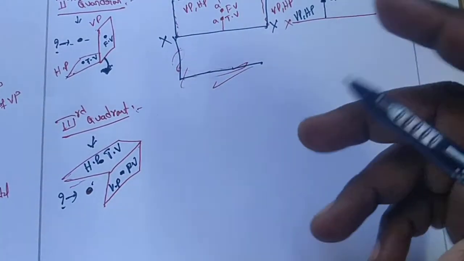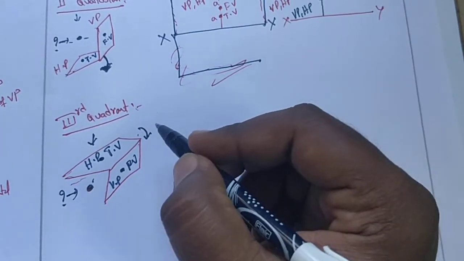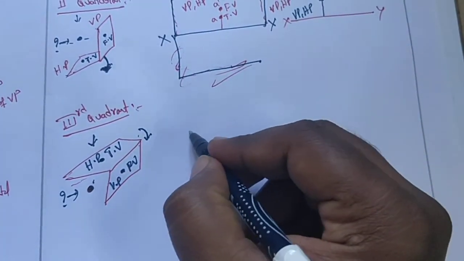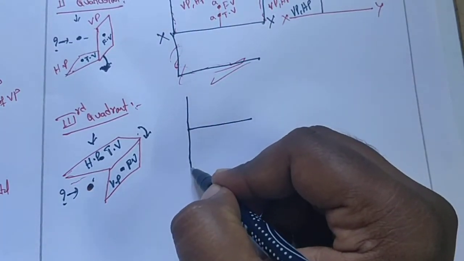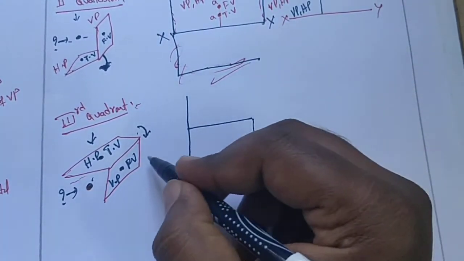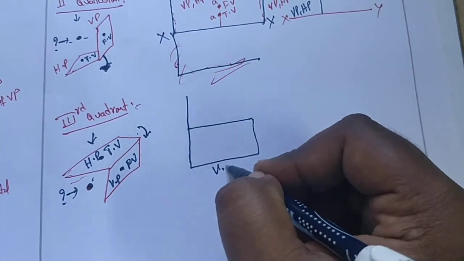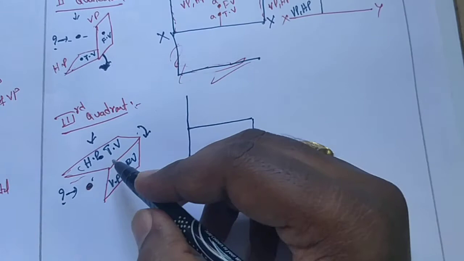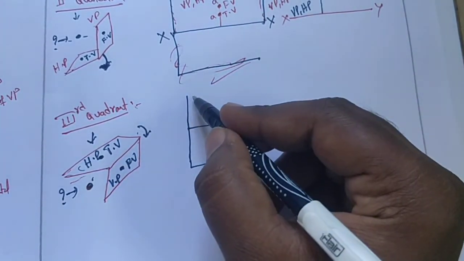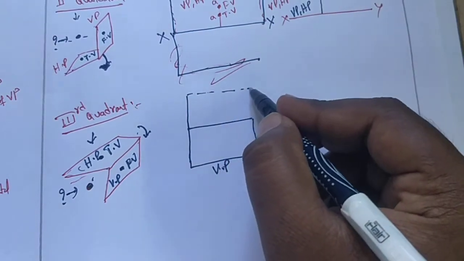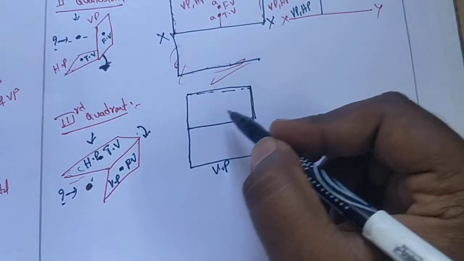Suppose you rotate the horizontal plane in the clockwise direction 90 degrees, what happened? First we need to draw the vertical plane as usual. The vertical plane is below the reference line. When we rotate the horizontal plane, it will move above the reference line.